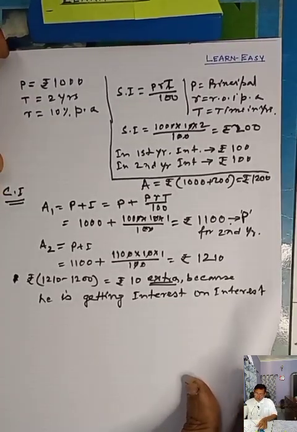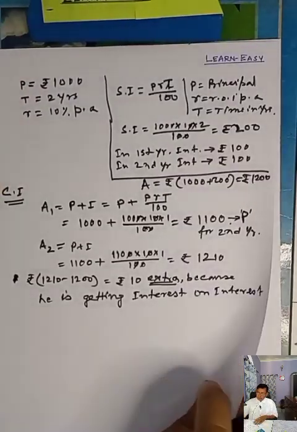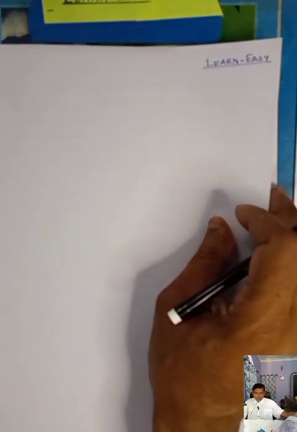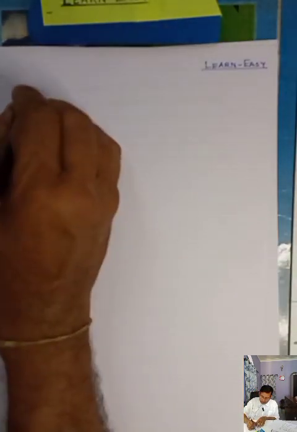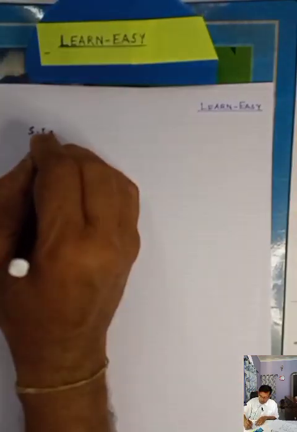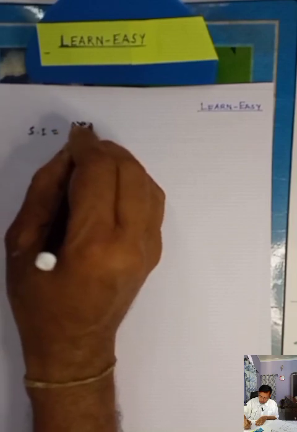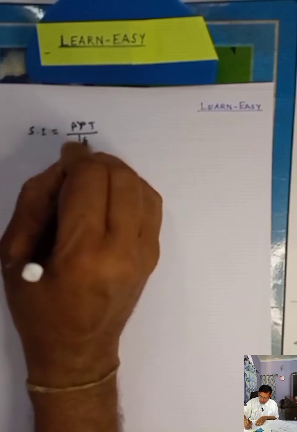Now to clear all these things, let me tabulate all these things on paper as formulae. So simple interest is equal to P R T divided by 100.